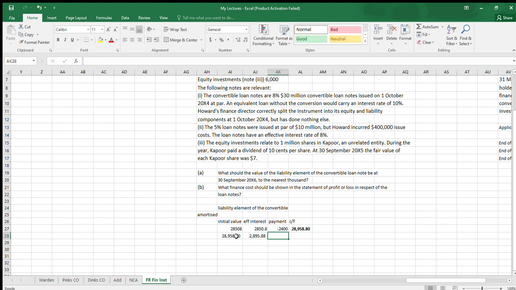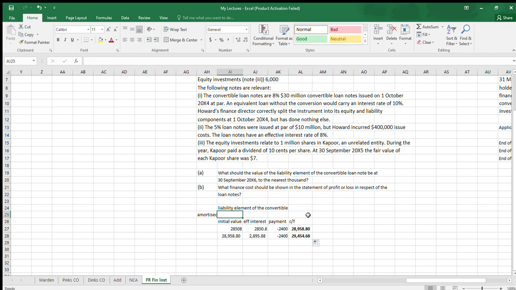Your payment is always 2,400, the 8% multiplying your 30 million. So do your additions. This is the liability element in 20x6 if it is 2 years. If it is 3 years, the same thing downwards. 4 years, the same thing down. 100 years, the same thing downwards. Are you getting me? That's all you need to know.